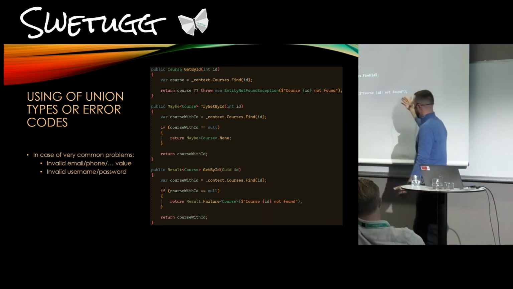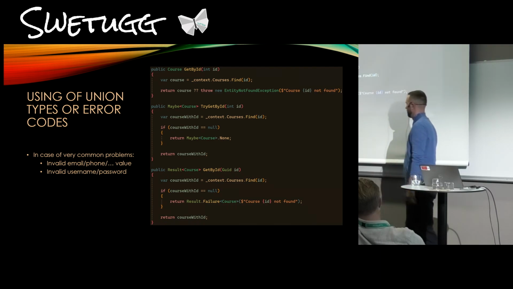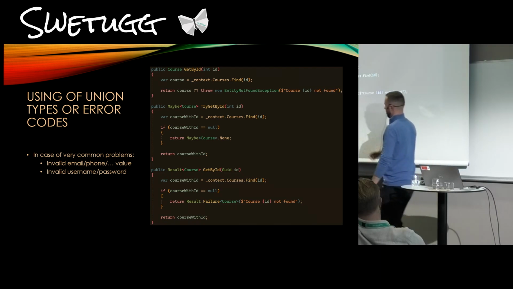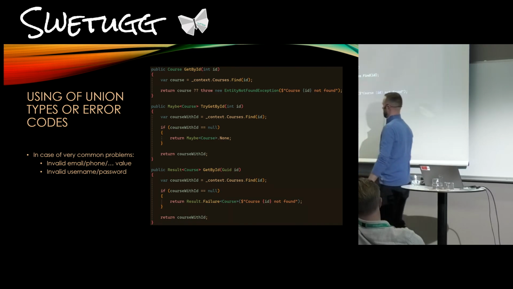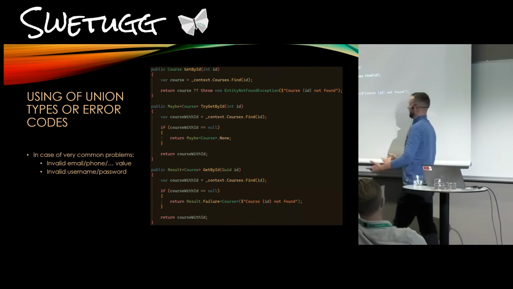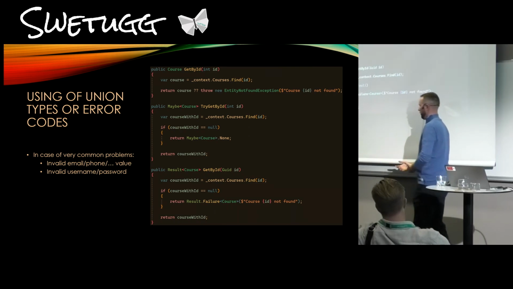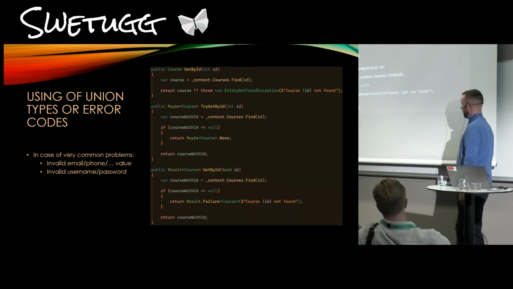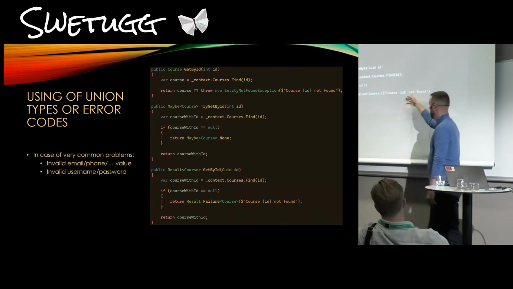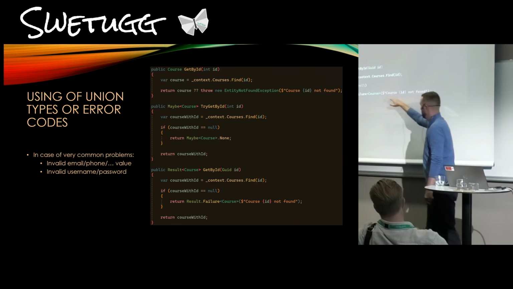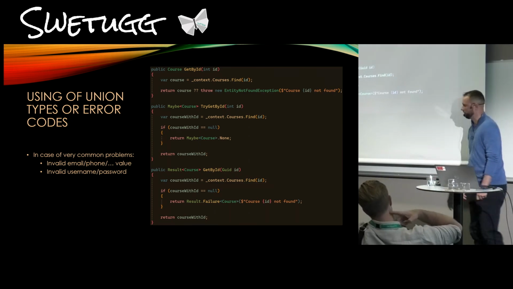So some error for some string, some message telling the user what went wrong. But you can specify it. For example, it might be curse, and the sad path return type could be an exception or some enum value or HTTP status code or whatever. And if the curse is null, you return the failure, right? Result.failure, curse with ID was not found.